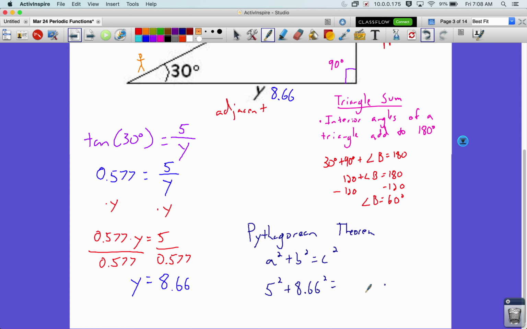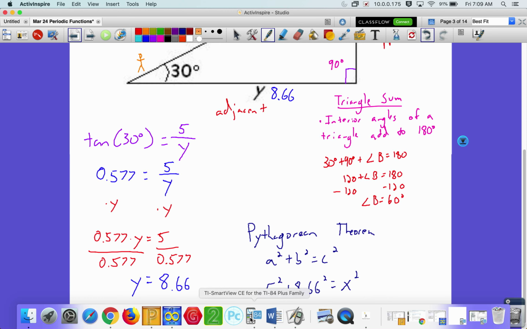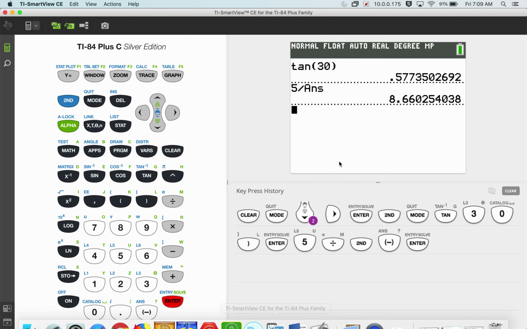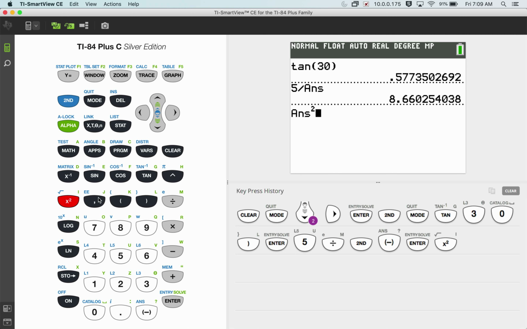It's going to equal our hypotenuse x squared. And I'm just going to plug this whole thing into my calculator. And since I've got that 8.66 number still saved right there, I could just square it right off the bat. Plus 5 squared, is 25. Get exactly 100.